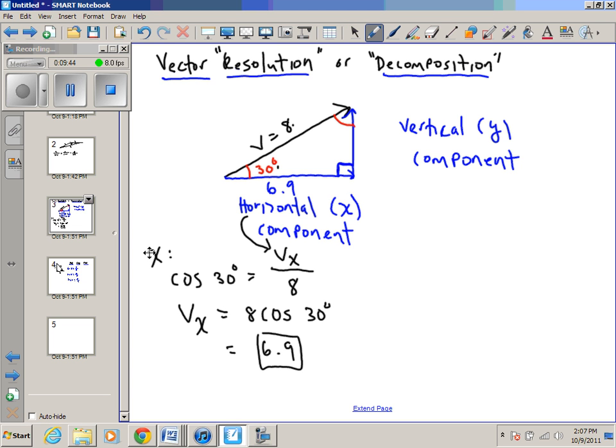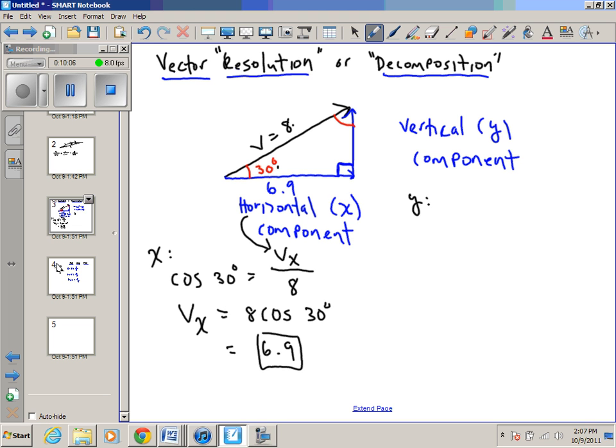Now let's try to find the vertical or y component. My angle is 30 degrees. I've got the hypotenuse, so I have to remember which function is going to allow me to find the y component. Hopefully I can see that I'm going to need the sine function. Sine, in SOHCAHTOA, is opposite over hypotenuse.